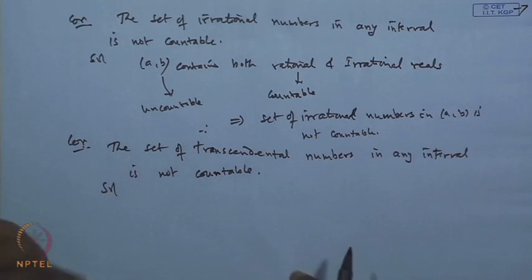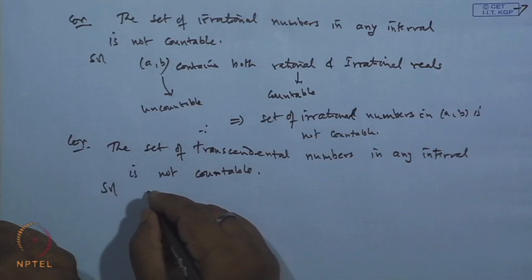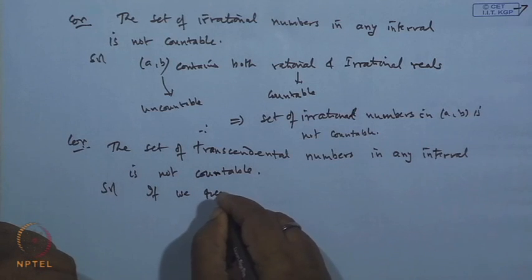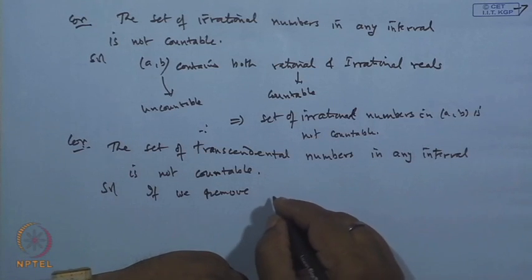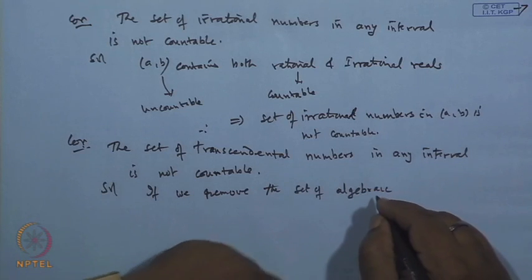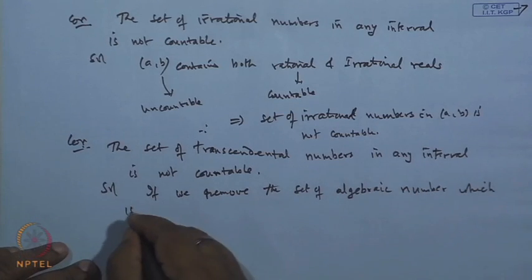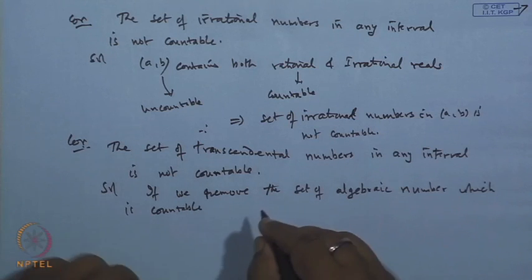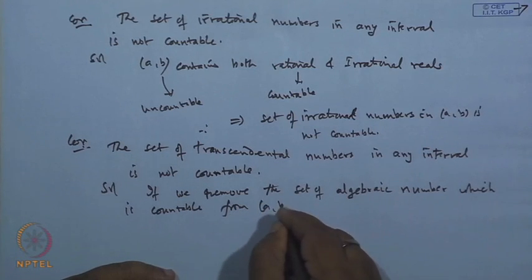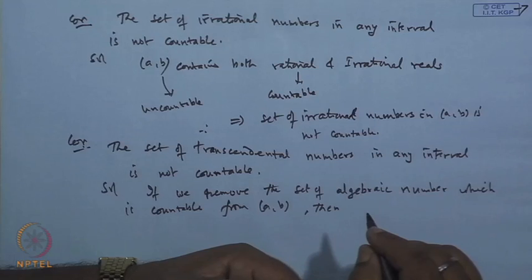Because the reason is, if we remove the set of all algebraic numbers, which is countable, from any interval AB, then the complement set of transcendental numbers is uncountable.